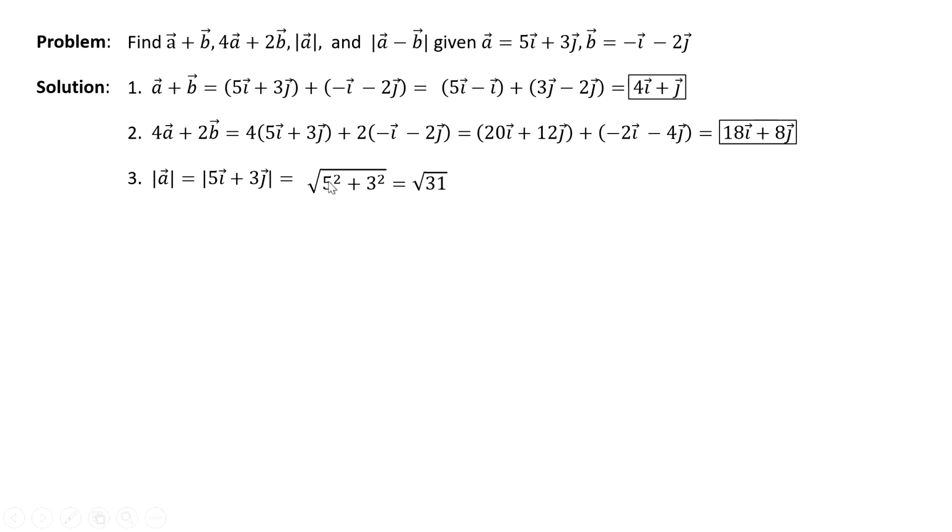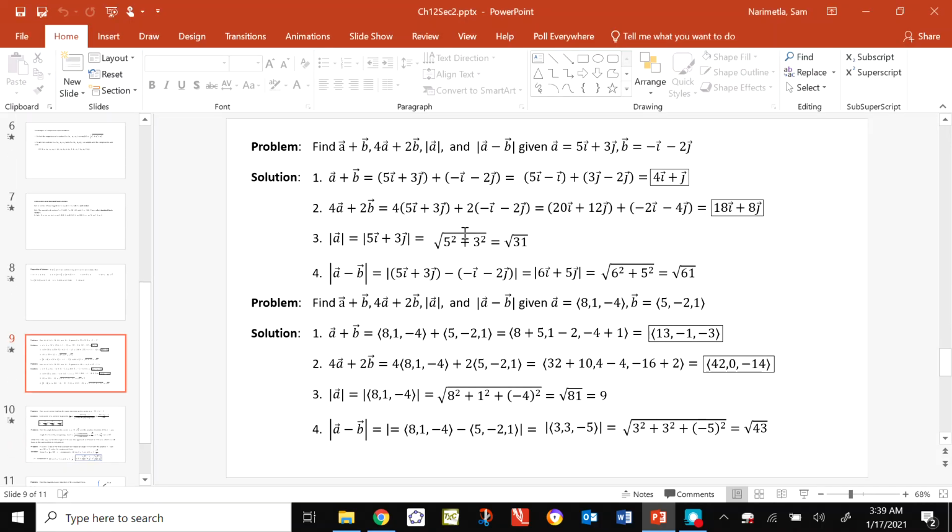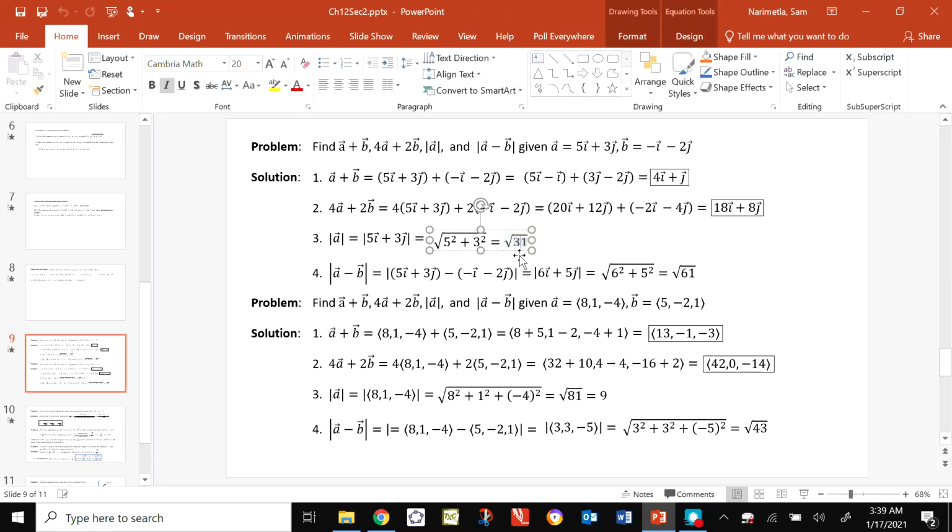25 plus... I'm an idiot. 25 plus 9. What was I thinking? I thought 3 squared was 6 probably. Sorry about that, guys. This should be 34.